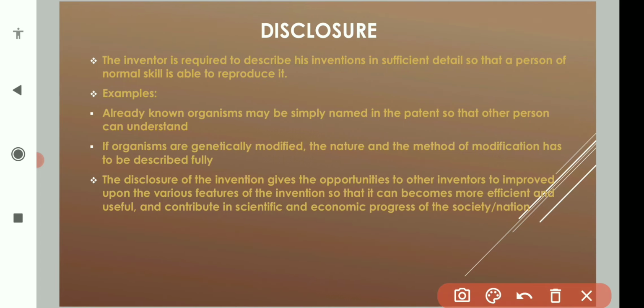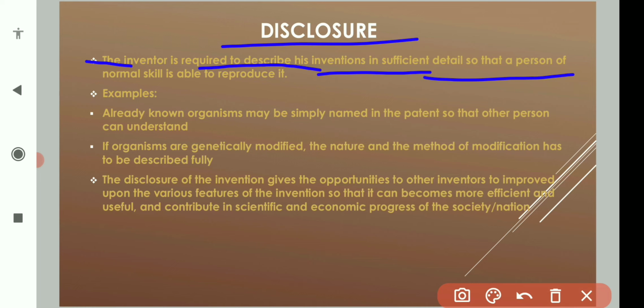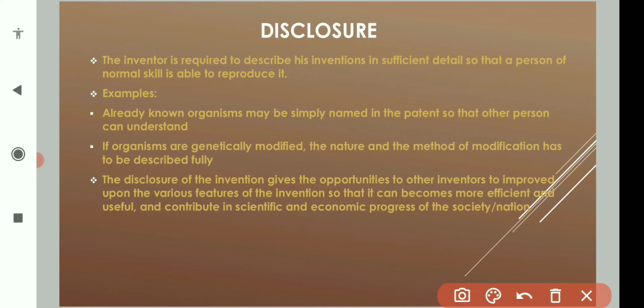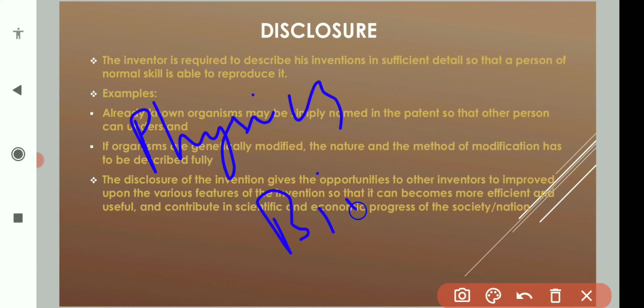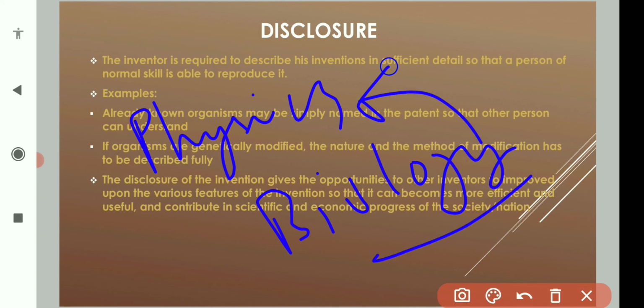And the fifth thing is disclosure. Disclosure means an inventor is required to describe his invention in sufficient detail so that a person of normal skill is able to reproduce it. Means if a patent has been granted in physics, for example, a person from biology should understand the patent.